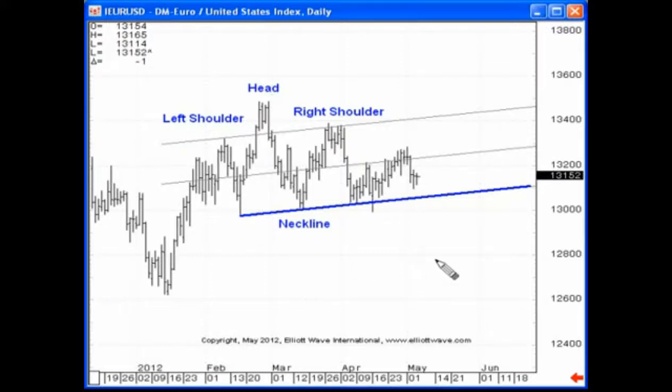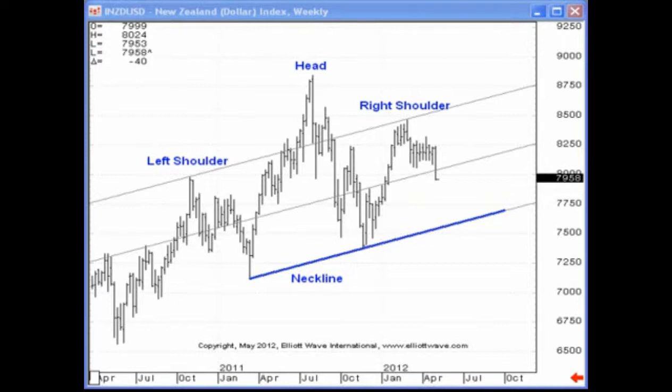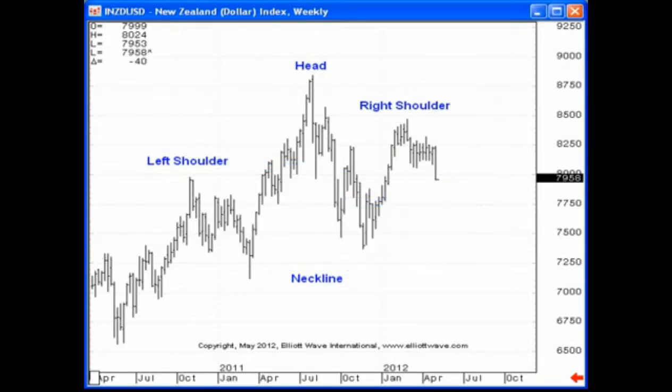when I was taking a look at the currency markets, I saw another pattern very reminiscent of the head and shoulders, on the weekly level in the New Zealand dollar. Here would be a left shoulder, there's our head, here's our right shoulder, and again, notice the neckline. Let me draw that neckline again from scratch, and you'll see why I got excited about this price chart. Here's the point between the left shoulder and head where I would originate the neckline.